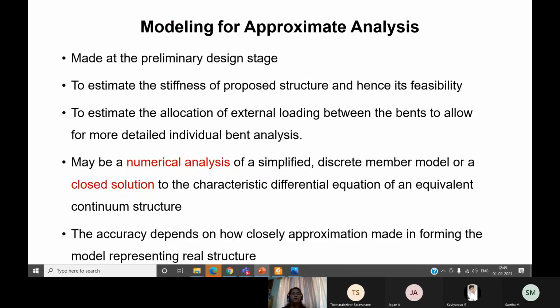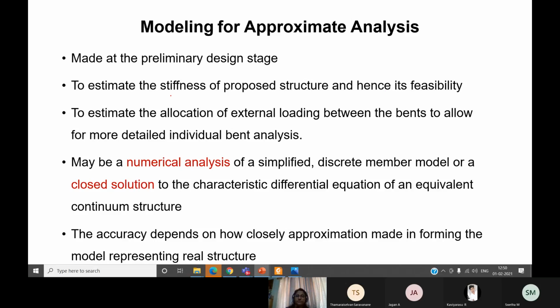How do you do modeling for approximate analysis? We talked about preliminary analysis, like an approximate analysis, and another one is an accurate analysis. So for approximate analysis, how do you model it? This modeling you make at the preliminary design stage. Why do we have to do this modeling? To estimate the stiffness of the proposed structure.